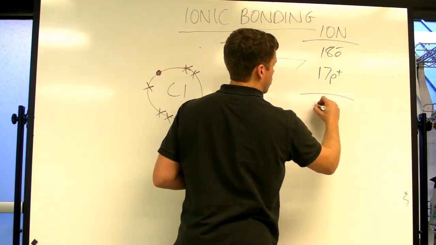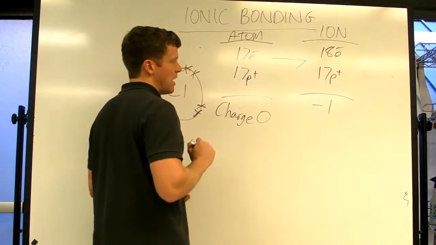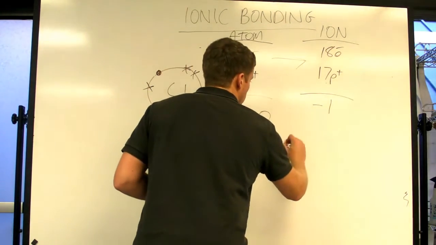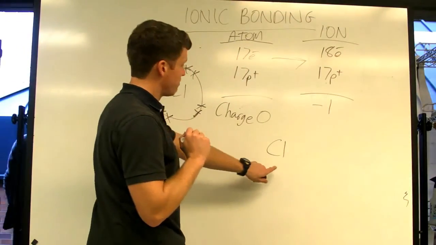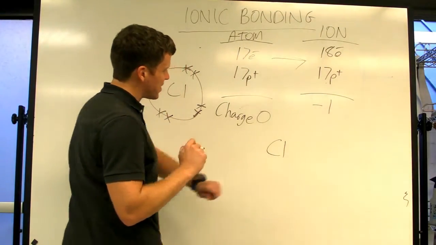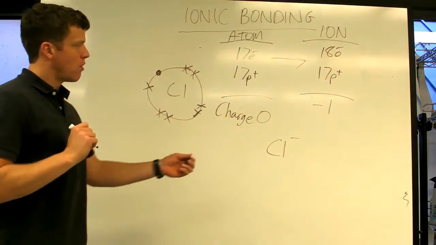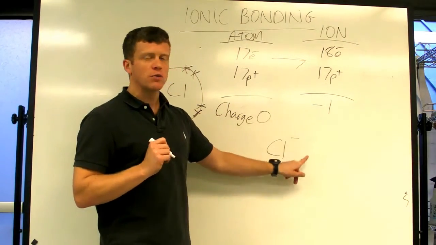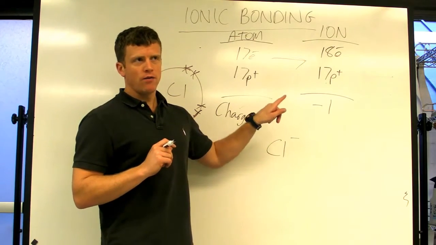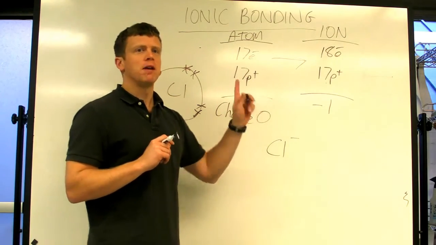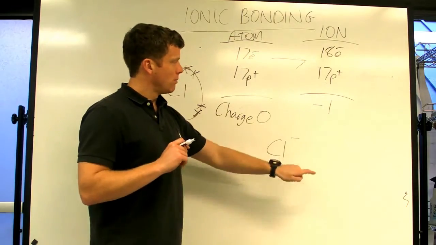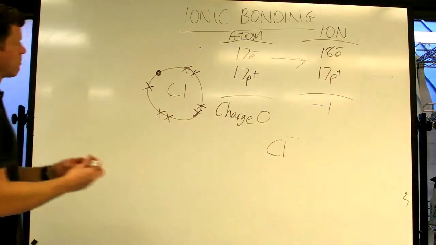So it's going to have a charge of -1. If we're going to write the charge of chlorine, we'll write the symbol and then just a negative. Rather than write -1, the convention when writing charges is for 1, -1 or +1, you don't write the 1. So think about x in algebra again.